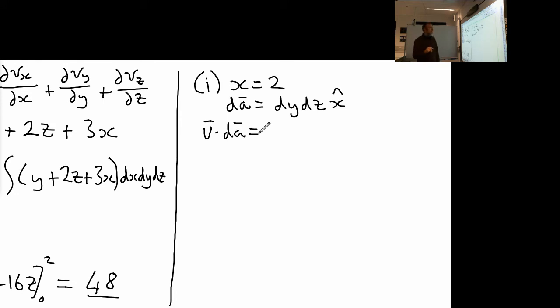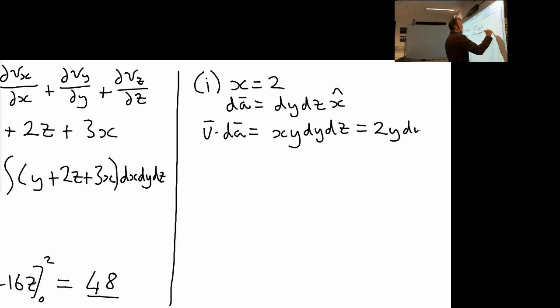What we get here is xy dy dz, which of course is going to be equal to 2y dy dz. We integrate this for dy and dz from 0 to 2.